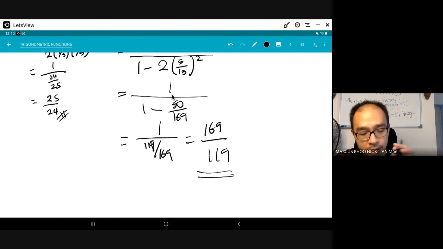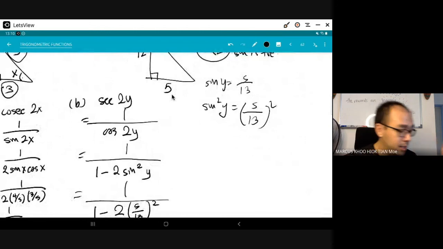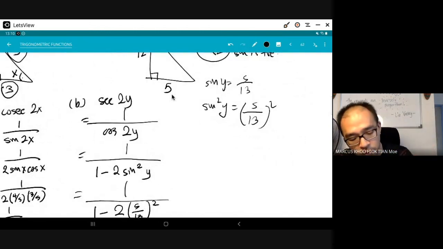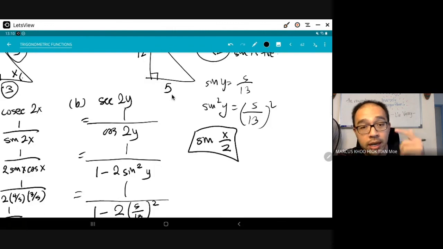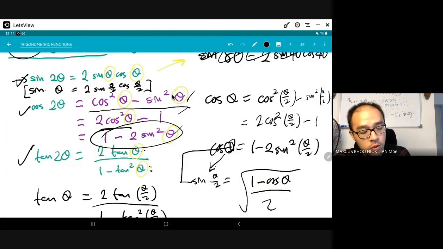Now we come to the one that we are talking about. Sine x over 2. As I said before, derive the half angle formula from any double angle formula. It makes things so much easier. So let's go back to what we derived before.